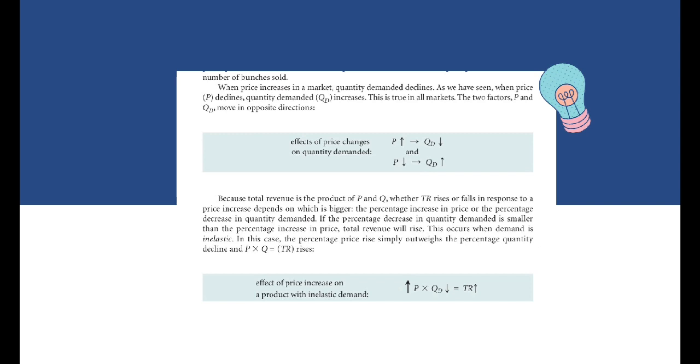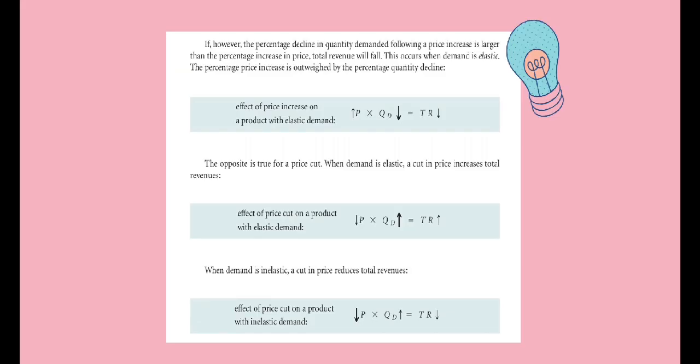This occurs when demand is inelastic. In this case, the percentage price rise simply outweighs the percentage quantity decline, and P times Q equals TR rises. Effect of a price increase on a product with inelastic demand: P rises times Q decreases equals TR rises.